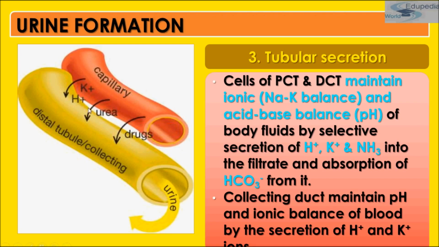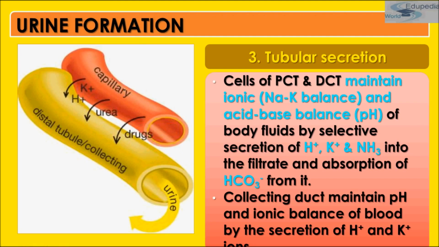From these capillaries, I am talking about the red one, students, the nitrogenous waste like ammonia, urea, creatinine, as well as some ions such as K+, H+, are absorbed actively by the distal convoluted tubule, or you can say they are absorbed actively and discharged into the cavity of the renal tubule.